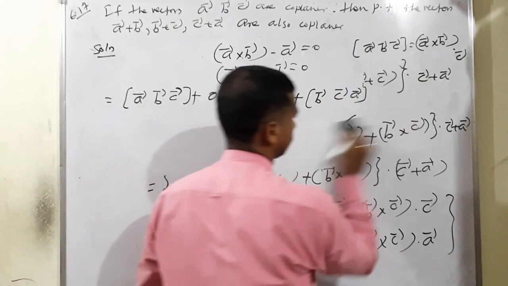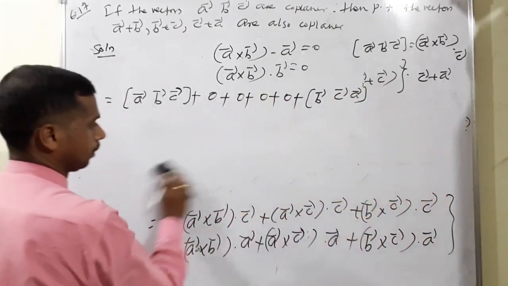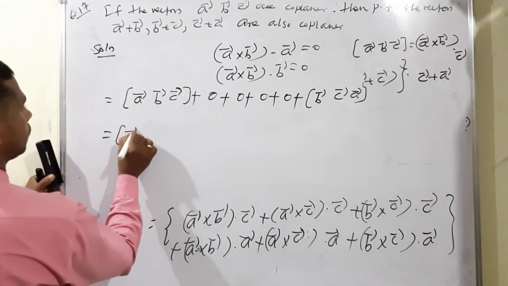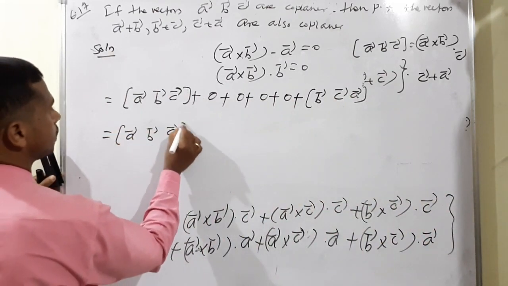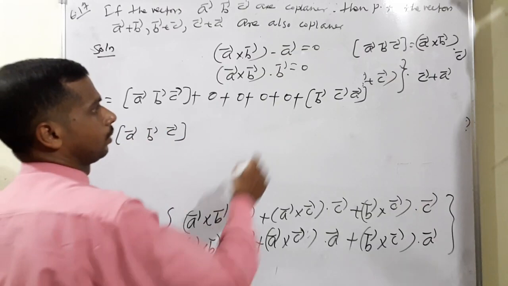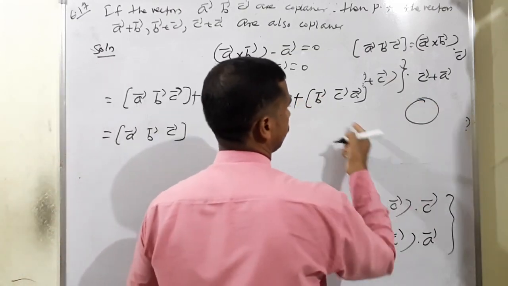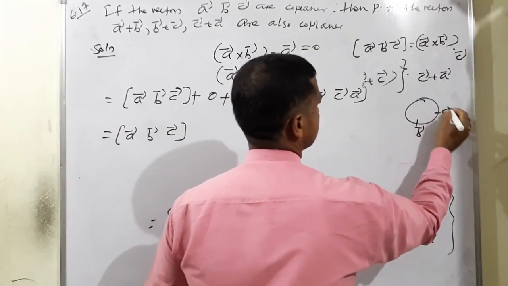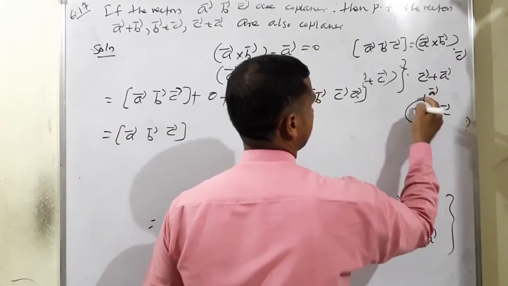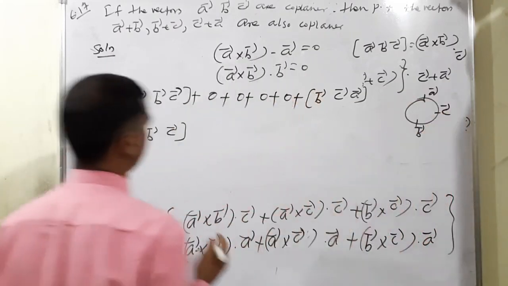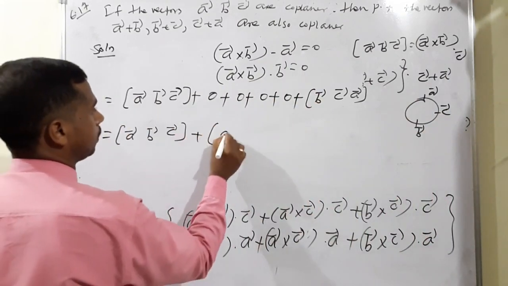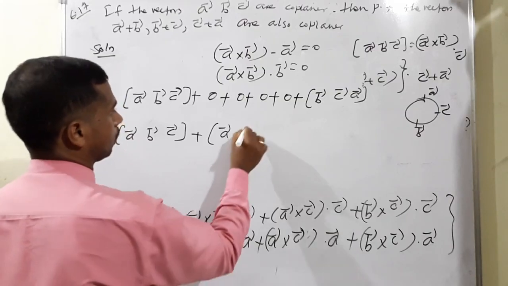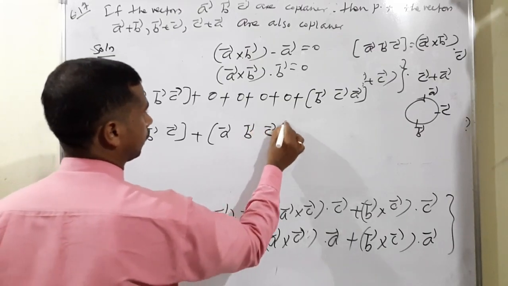Now A vector, B vector and C vector, this is according to the anti-clockwise order. Starting with B, C and A, starting with A means A vector, B vector, C vector, counterclockwise, plus A vector, B vector and C vector, isn't it?